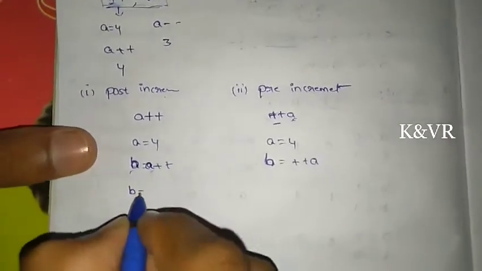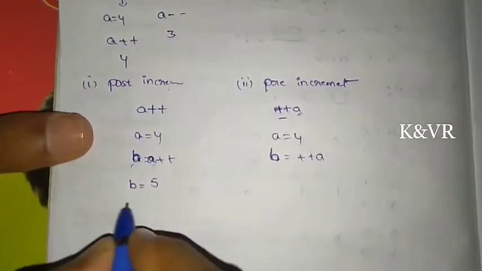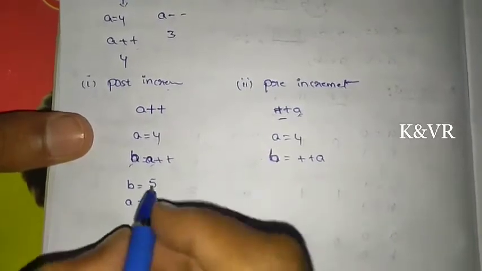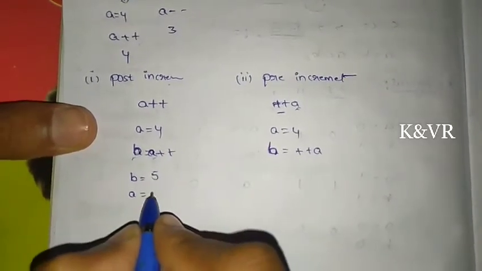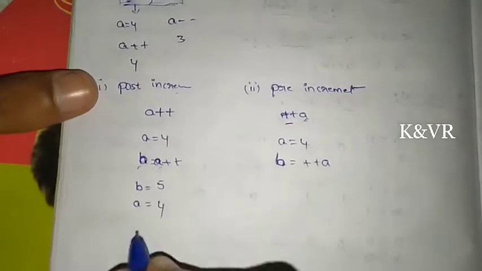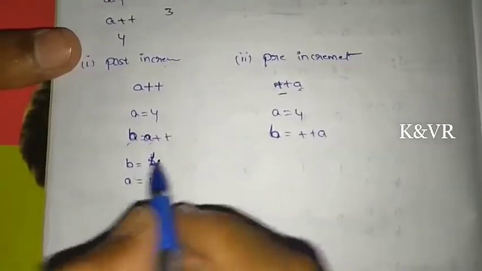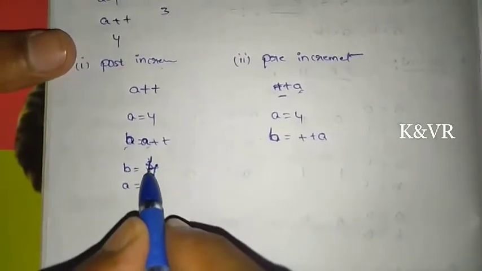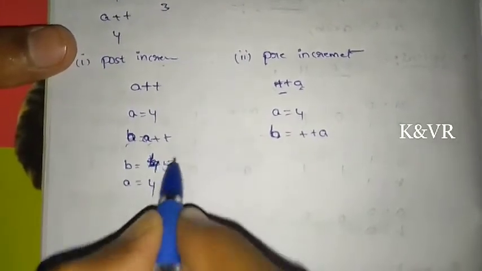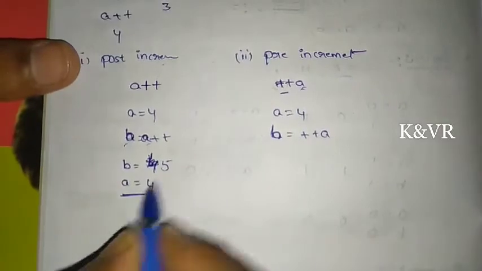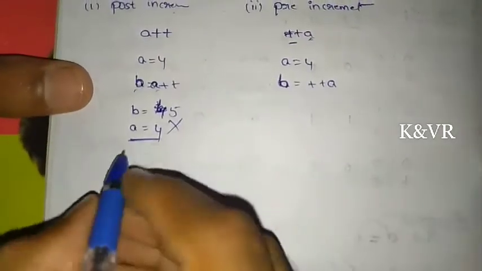Value of b will be 5, value of a will be 4? Stop. You think what I have written is correct? No, it's wrong. What is the result?